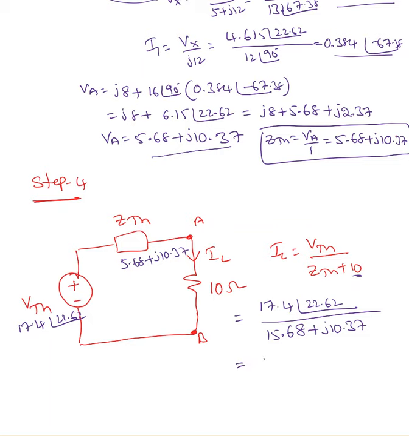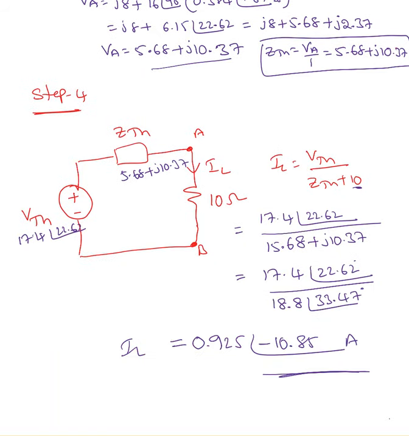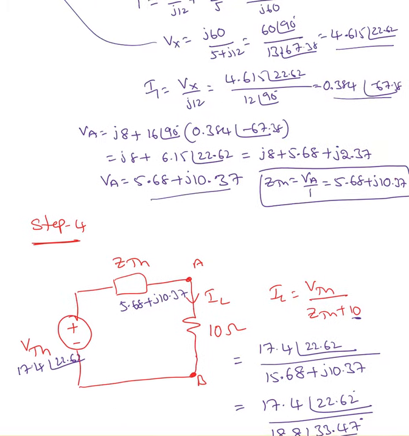Convert that into polar format. So 17.4 at an angle of 22.62 divided by, when I convert this rectangular form into polar form, 18.8 at an angle of 33.47. So 17.4 divided by 18.8 is 0.925 at an angle of minus 10.85. This is the load current passing through the 10 ohm resistor.